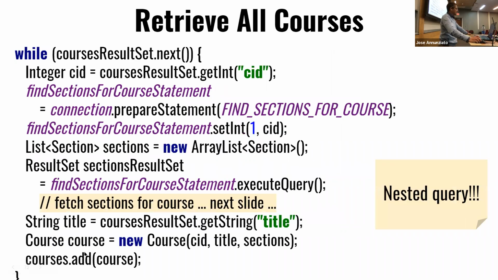As you iterate, you retrieve the ID of the course and the title. Here's the title, okay?